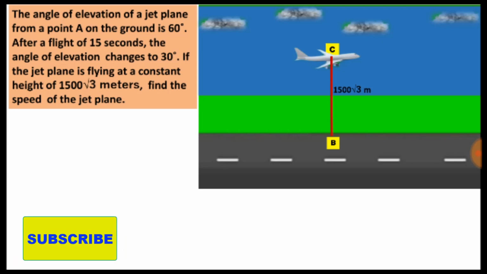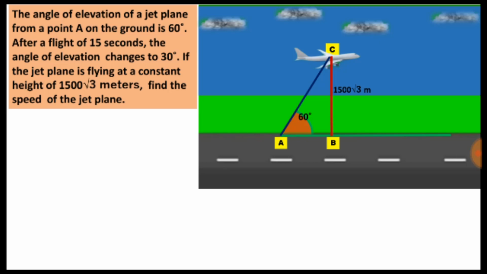So here the height BC equals 1500 root 3 meters. Now on the ground from point A, the observer is observing the jet plane with an angle of elevation 60 degrees.